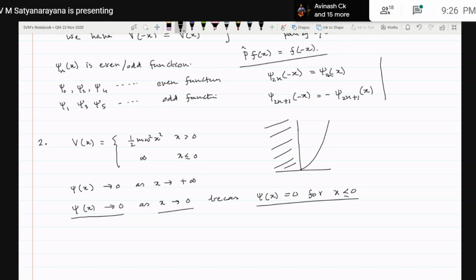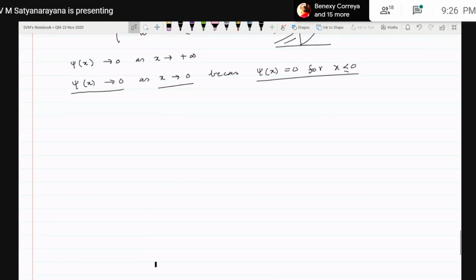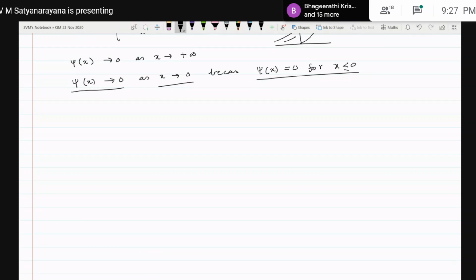Now you can see that if you look at the ground state and excited states of the 1D harmonic oscillator, if you plot your ground state psi 0 of xi, that is simply some constant n0 into e to the minus xi square by 2.